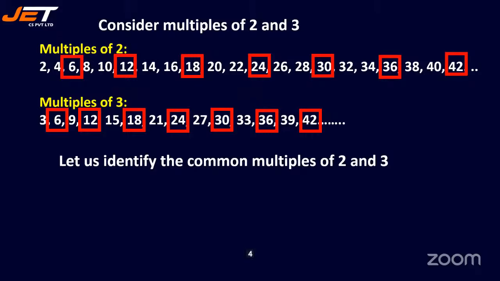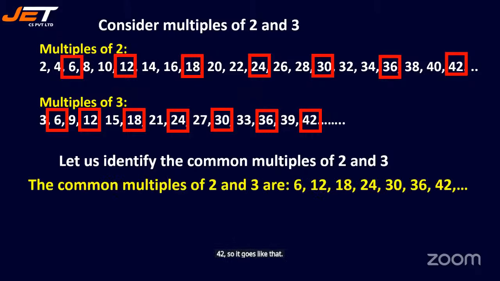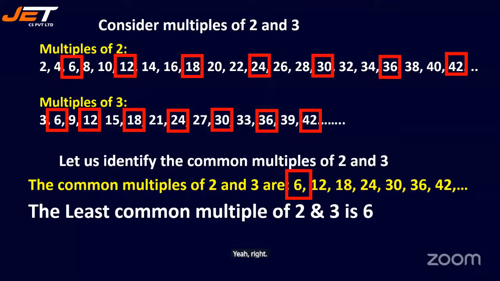So it goes like that. Now the common multiples of 2 and 3 are 6, 12, 18, 24, 30, 36, 42, and so on. Okay. Right. So the least common, the LCM of 2 and 3, is 6.